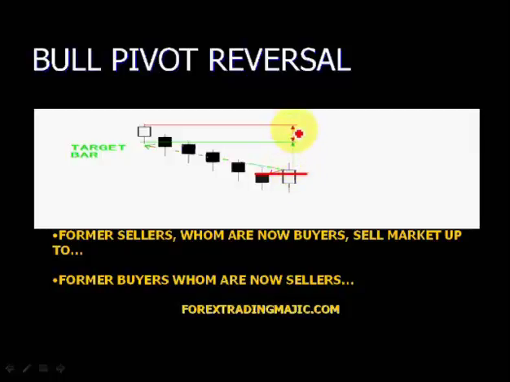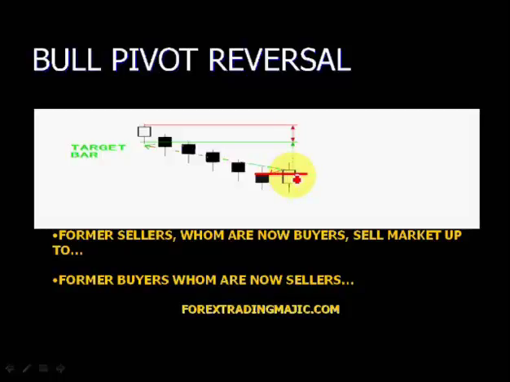However, if we get a bearish pivot and then price comes and touches us, we don't want to enter now. See that this bearish pivot reversal up here nullifies this bullish pivot reversal down here for sake of if we want to enter a trade.